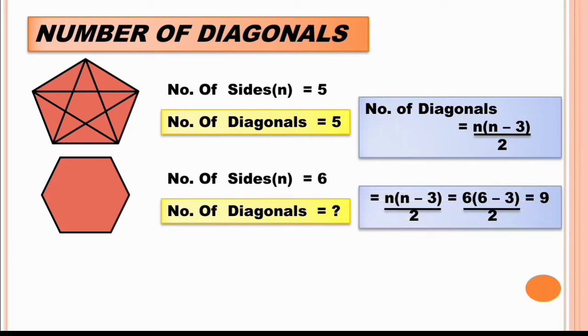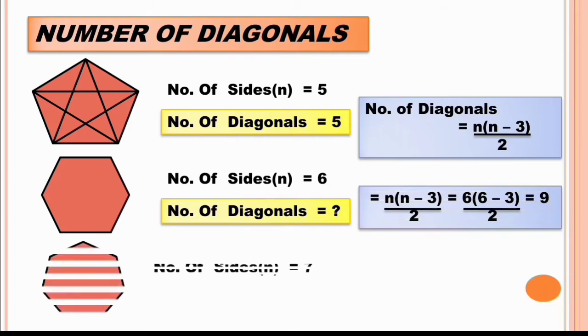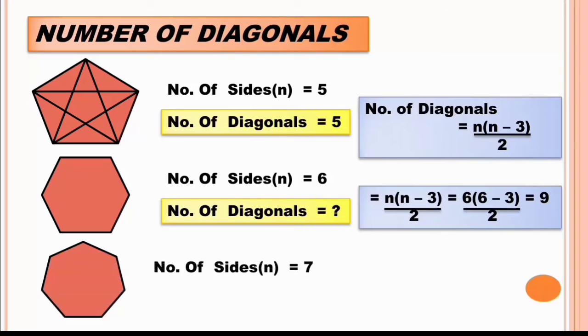Let's substitute the values. In place of n we will substitute 6, so 6 into 6 minus 3 upon 2, and when we simplify this we will get 9. So in a hexagon there are 9 diagonals. Let's find the number of diagonals for this heptagon also. As we know, in a heptagon there are 7 sides.